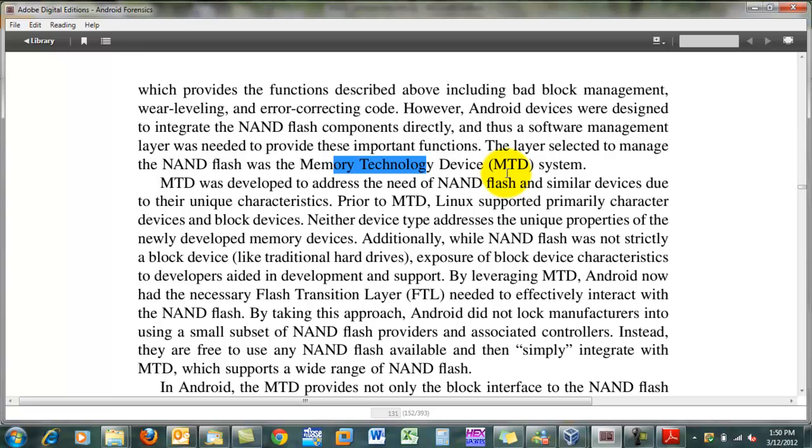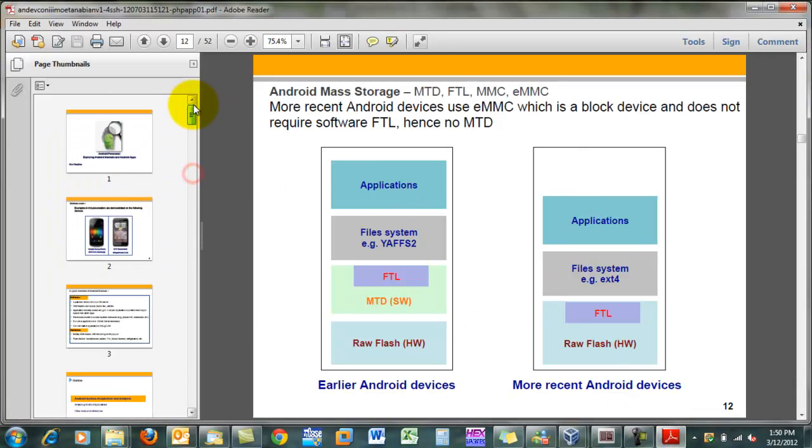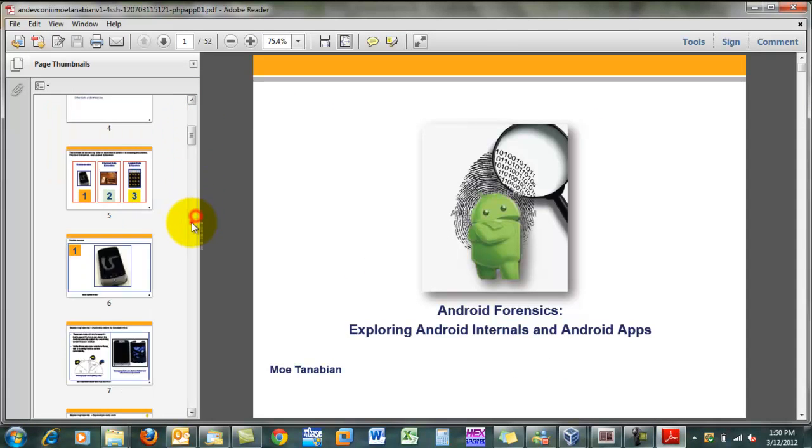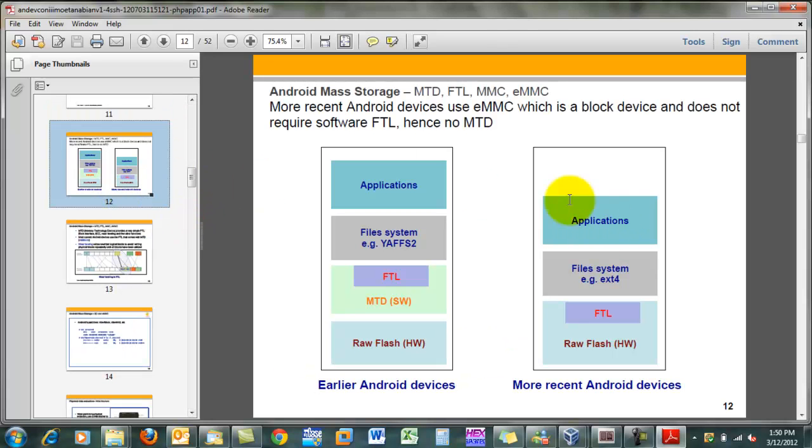If you still remember, this MTD sounds very familiar because we actually discussed this in the previous lecture, under slide number 12, which says that traditionally most Android devices don't have the required so-called MTD, this memory technology device layer. So it's a software layer you have to implement to access the flash. So this is the part we are talking about here. Of course, you have a flash translation layer over here.